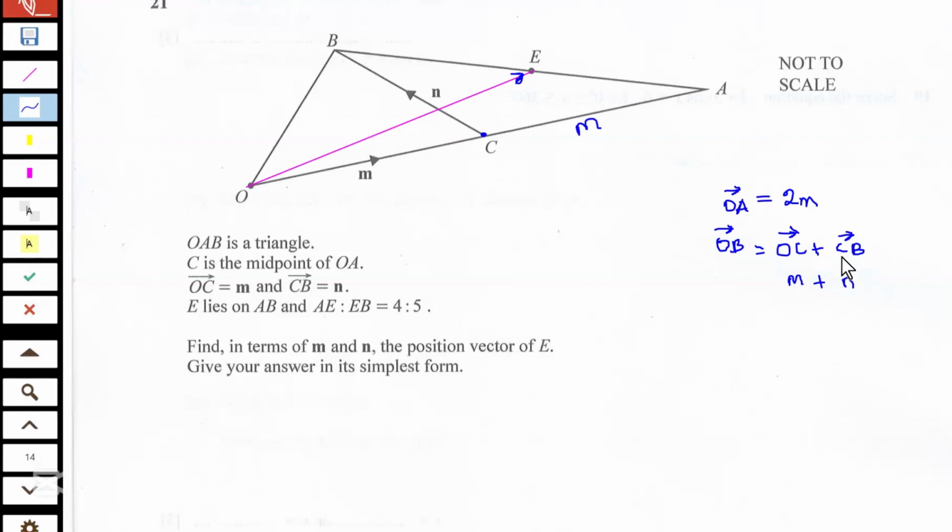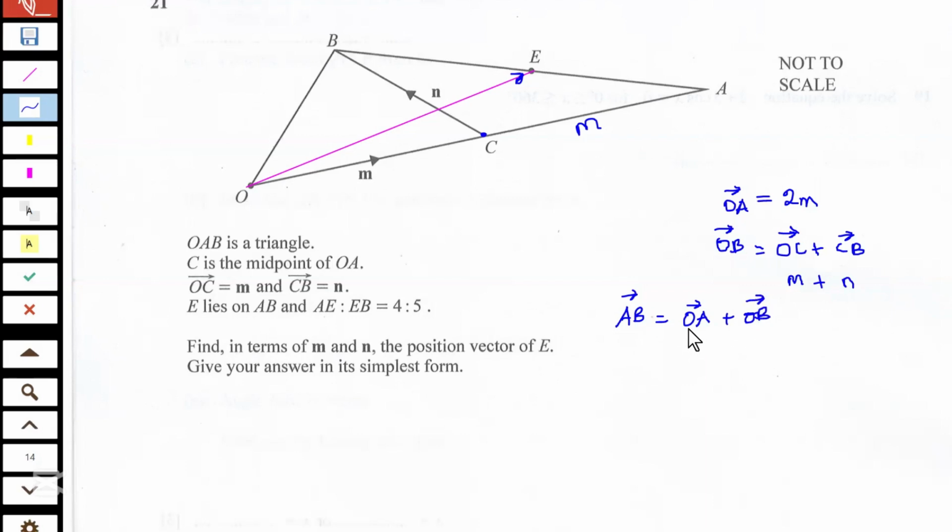Now, let's also look for vector AB. Vector AB will be equal to vector AO plus vector OB.